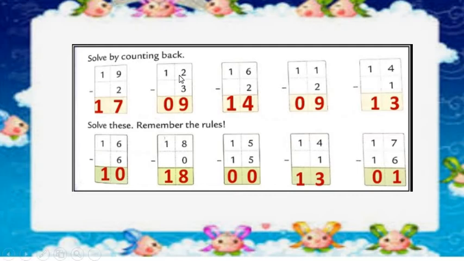Now, start with the bigger number. Here, number 12 is the bigger number. Keep number 12 with you. Make 3-step backward counting. 12, before it 11, 10 and 9.